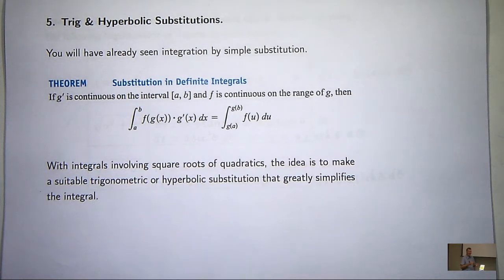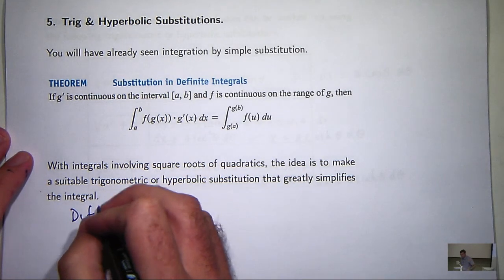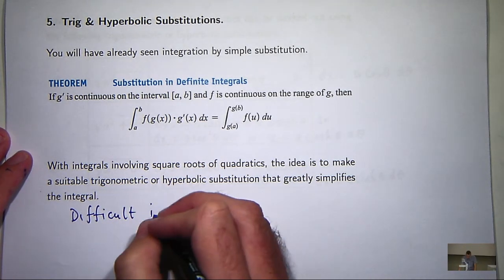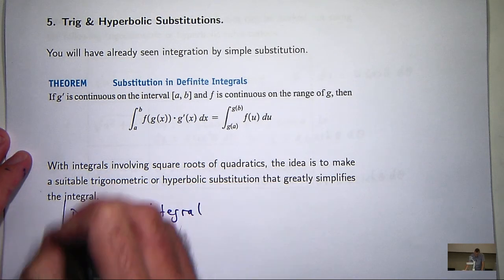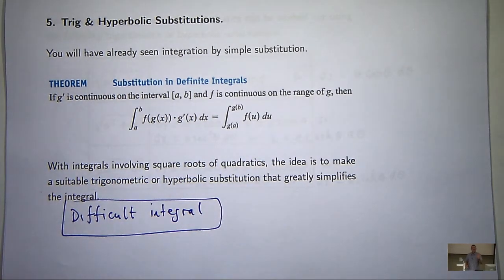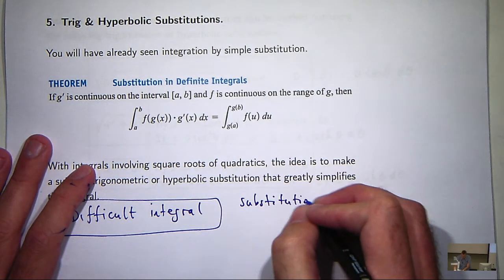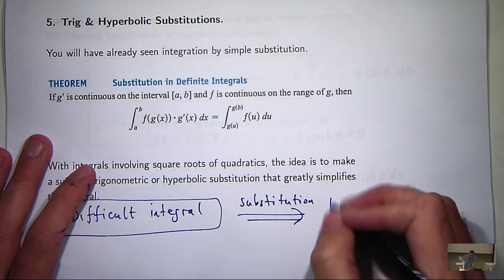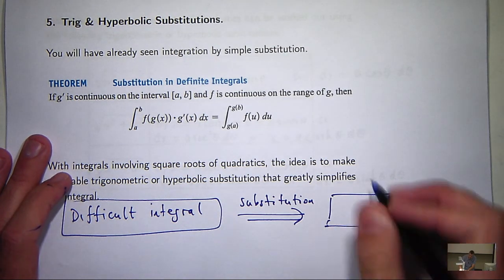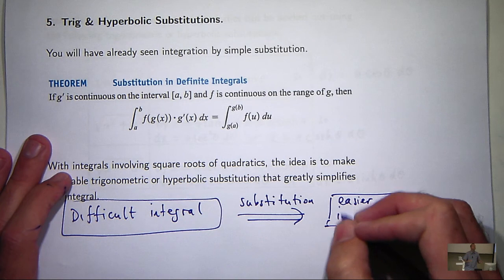Now, at school, or possibly in first session, you looked at integration by substitution. Essentially, the idea here is to take some sort of difficult integral, make a substitution, and pull out an easier integral, right?